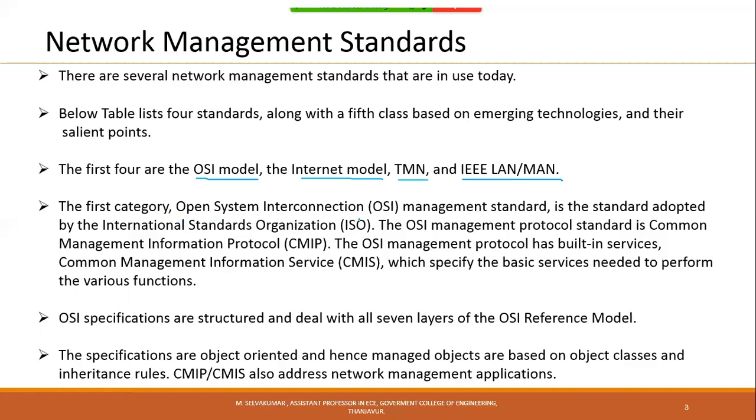The first category, Open System Interconnection, is a standard which was adopted by the International Standard Organization (ISO). It is a complete and familiar model which was used in network management. This OSI management protocol standard is the Common Management Information Protocol, CMIP.